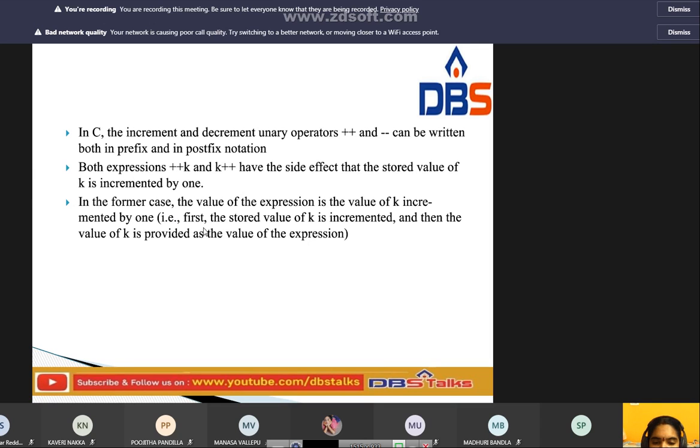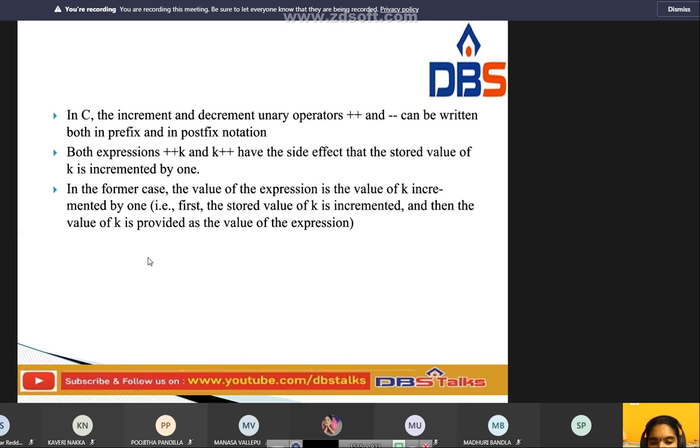That is, first the stored value of k is incremented, and then the value of k is provided as the value of the expression. That is called the former case.